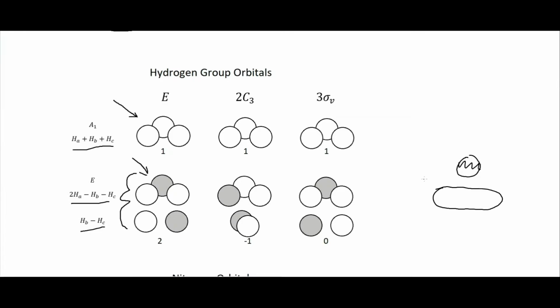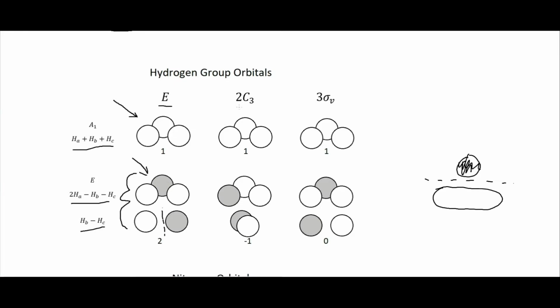So there's this area between them where it will be 0, and so that is a node where it goes from the positive to the negative. Then this HB minus HC also has a node that goes between them there, and so when we do just the identity operation, they stay the same.